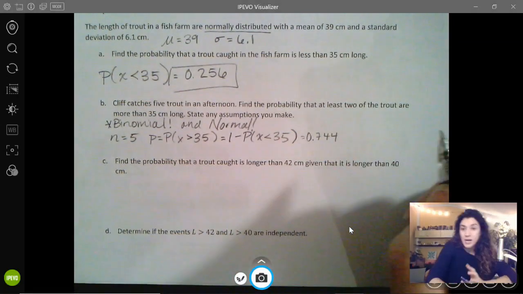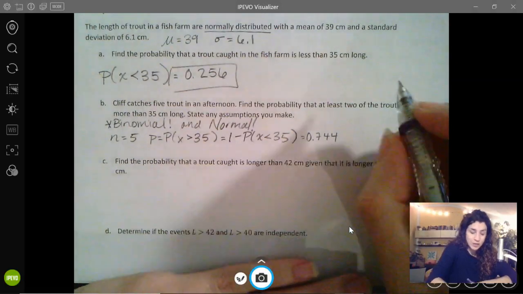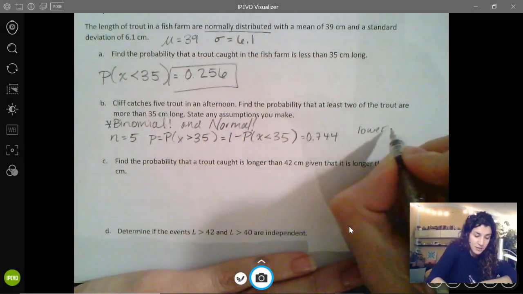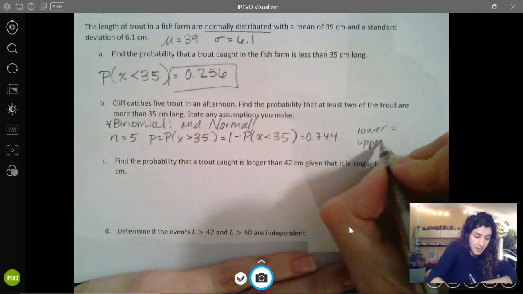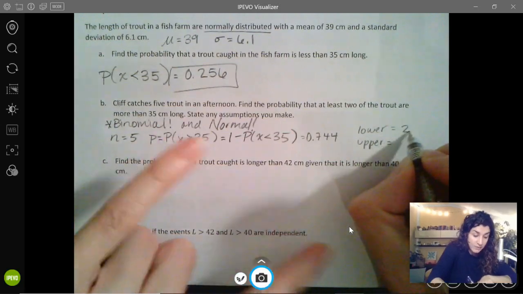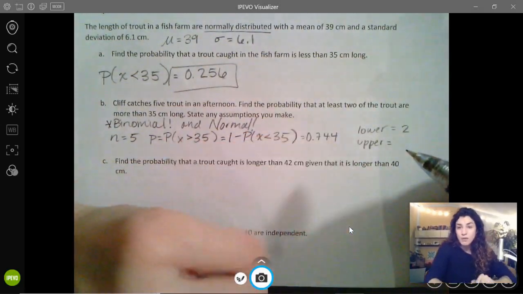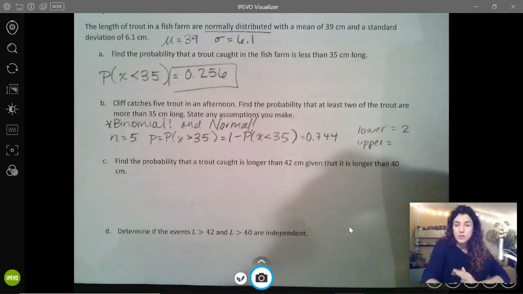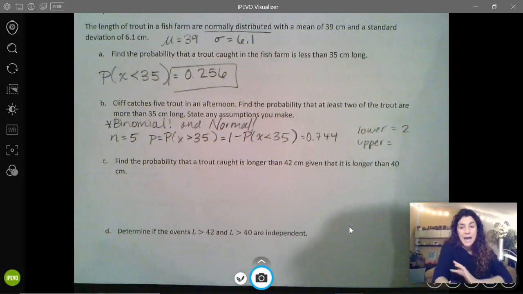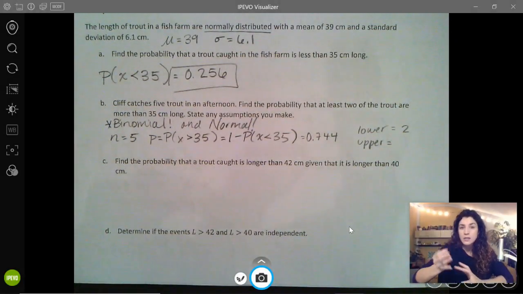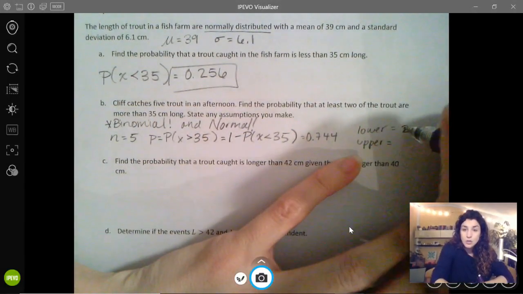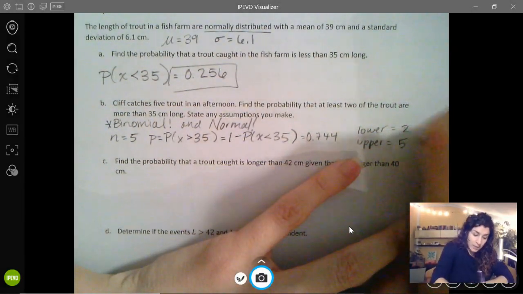So we're talking about a cumulative distribution function. So we're going to have a lower bound and an upper bound. Our lower bound is 2. We can have 2. It says at least 2 of the trout. So we can include 2 in this situation, because with binomial, remember the at least, the including versus the not including matters. So 2 fish, and our upper is 5.